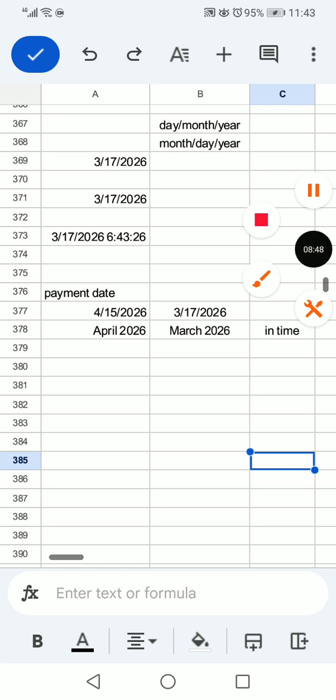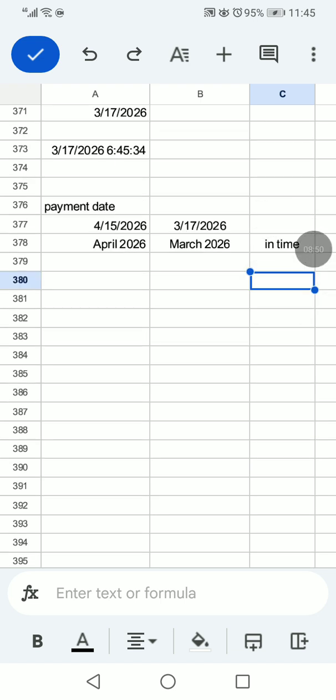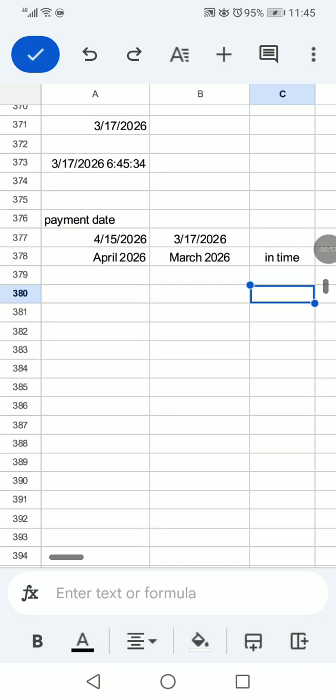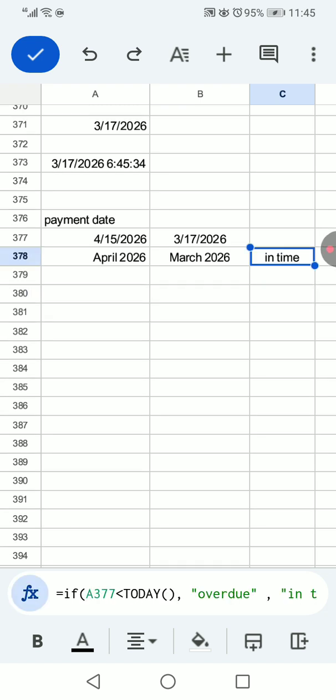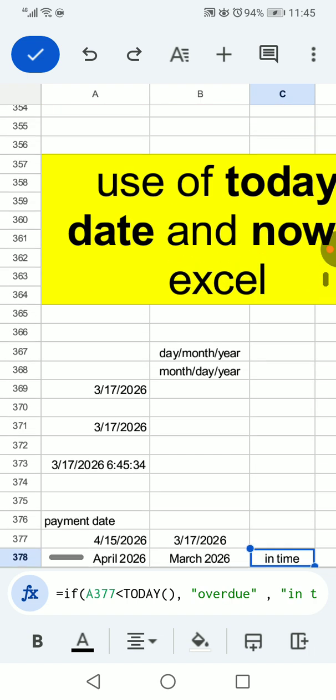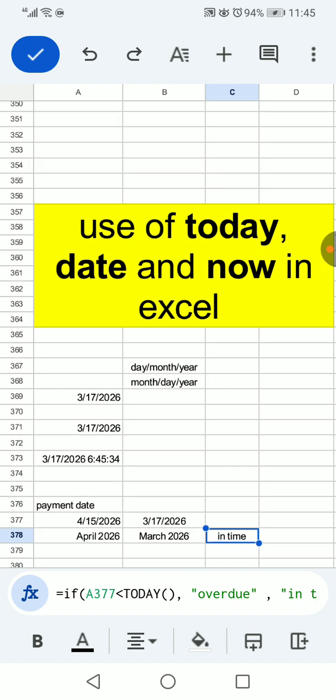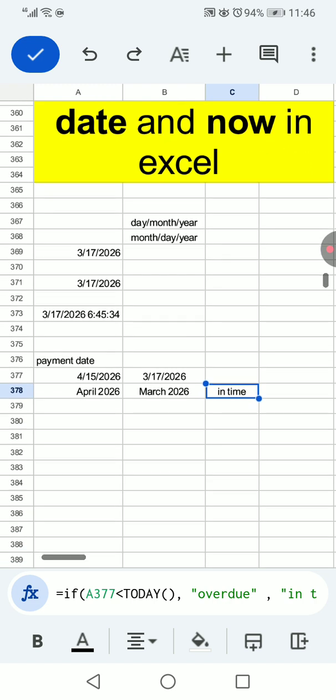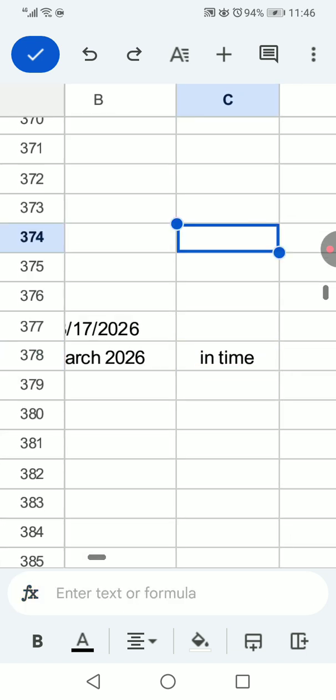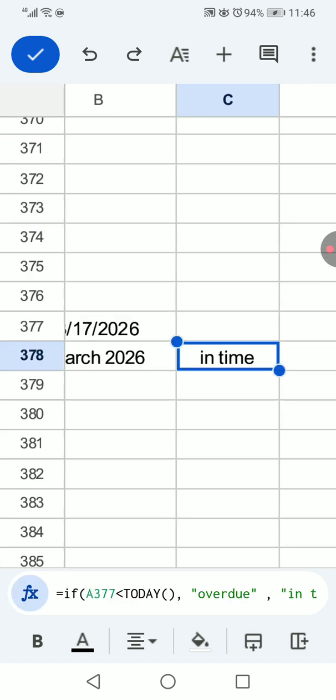So guys, in this way we have seen the use of TODAY and the use of IF at the same time. So our target for today's lecture was to understand TODAY, DATE and NOW. It is requested to please use all of these three different commands and formulas according to practical requirements, like we have seen over here.